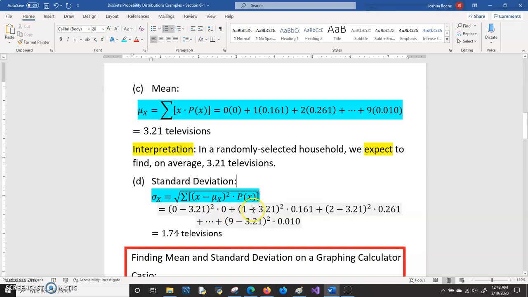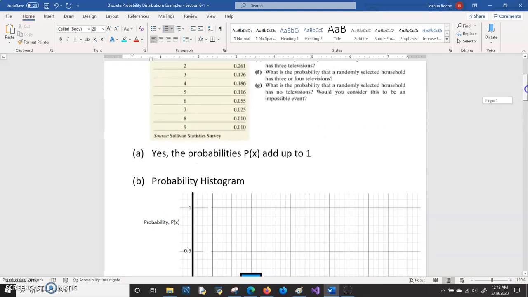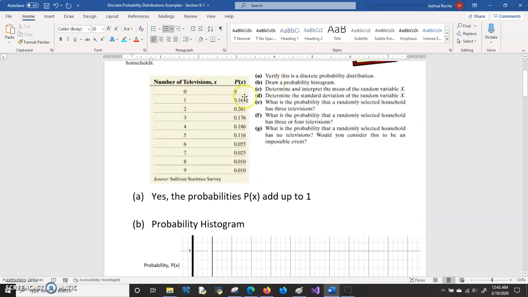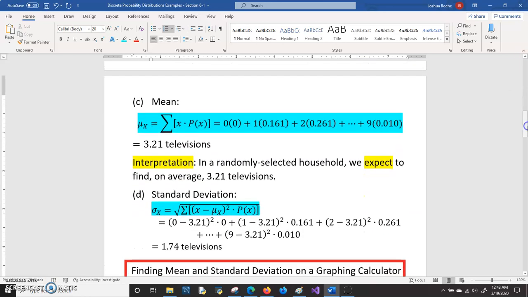The next x value is 1. So remember up here, the next x value is 1. Here's the probability. And so in the next term, you would do 1 minus the mean, square that, times its probability. The next number is 2. So you do 2 minus the mean, square that, times its probability.